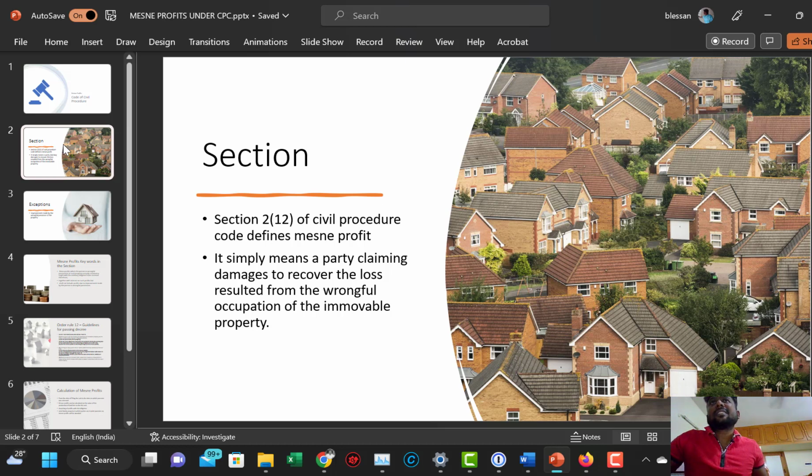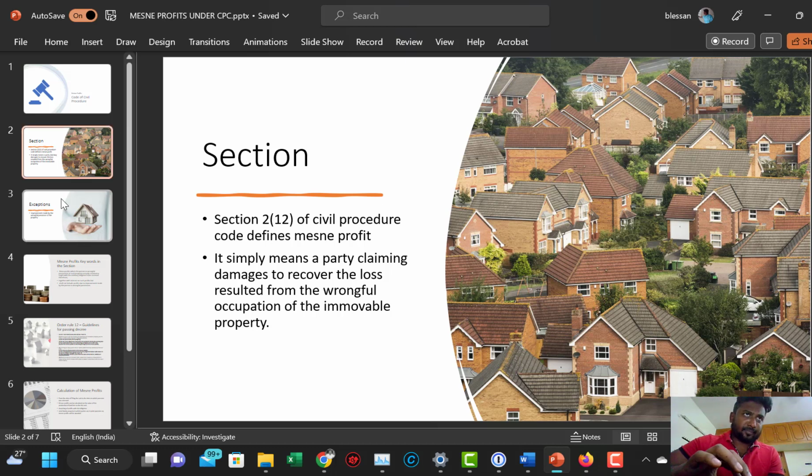Mesne Profit is based on another fundamental principle, ubi jus ibi remedium, which means that where there is a right, there is a remedy. In case you are the lawful owner of a particular immovable property, and you do not have possession of the property, but some other person has possession and is making profits out of it, then you could claim Mesne Profits.